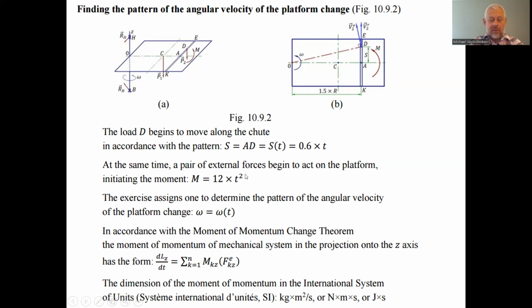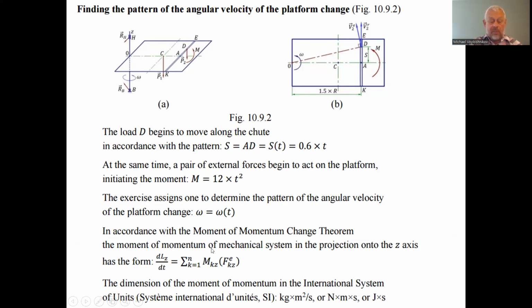At the same time, a pair of external forces begin to act on the platform, initiating the moment 12 by t squared. The exercise is to determine the functional dependence on time of the angular velocity of the platform in accordance with the momentum change theorem.